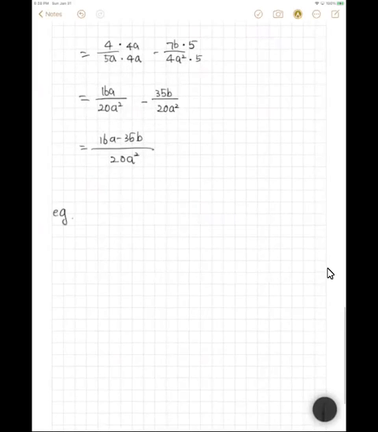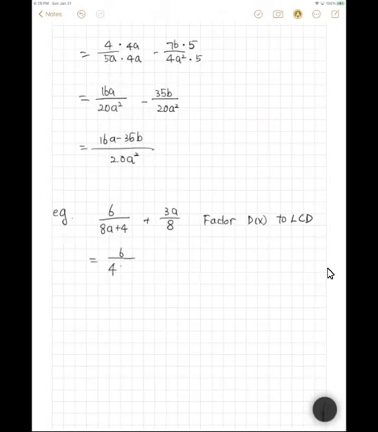Okay, let's have another one. What if the function is like 6 over 8a plus 4, plus 3a over 8. What you can do is factor the denominator first to find the least common denominator. So 8a plus 4, what's their common factor? 4 is their common factor. And then what you remain is 2a plus 1, plus 3a over 8. So now, what?